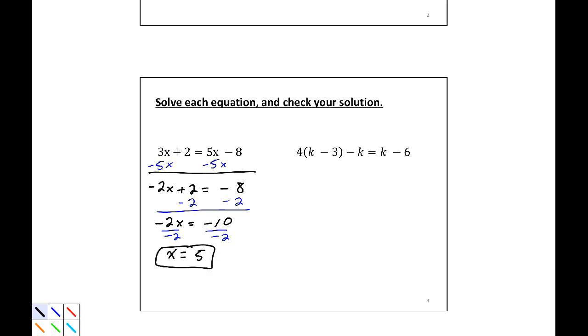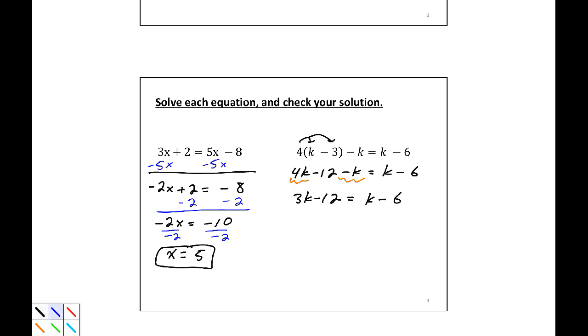All right, our next equation, again, we'll simplify. So we need to distribute the 4 so that this is 4k minus 12 minus k equals k minus 6. We haven't simplified the left side completely yet, so we'll combine these two k terms to be 3k minus 12 equals k minus 6.